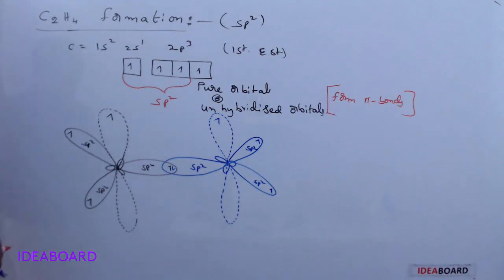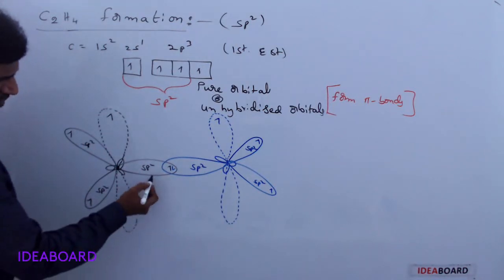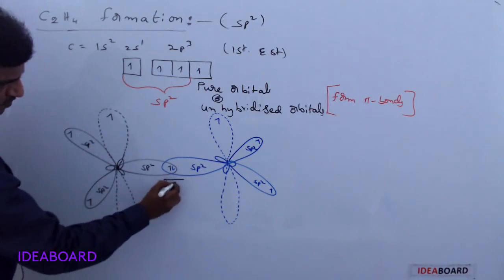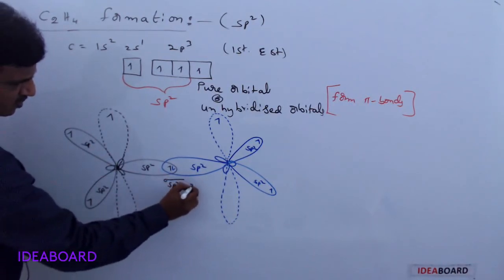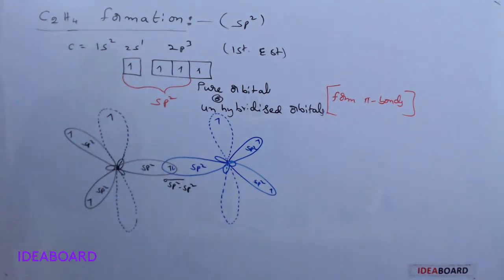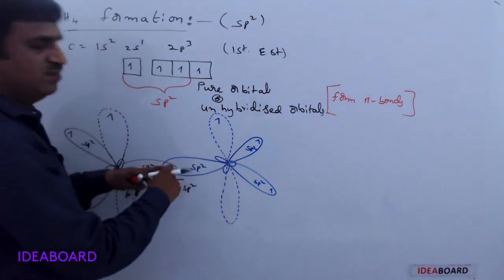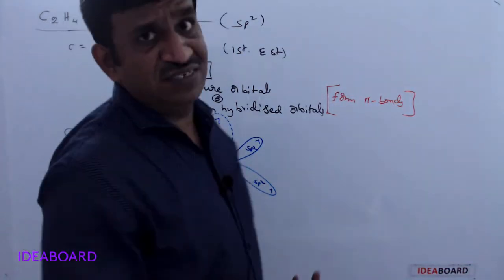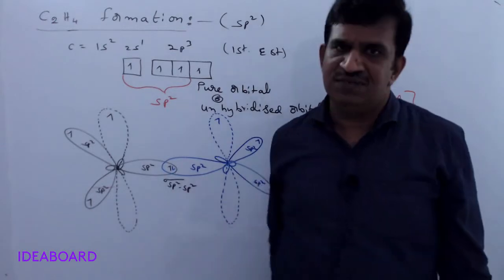Now, as we already wrote, a sigma sp2-sp2 bond is formed: this sp2 orbital and this sp2 orbital form a sigma bond. After the sigma bond formation between two atoms, all the other bonds are pi bonds only.